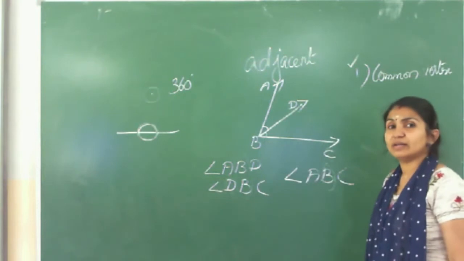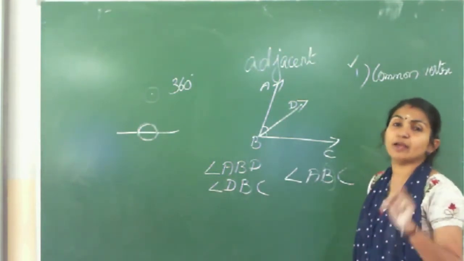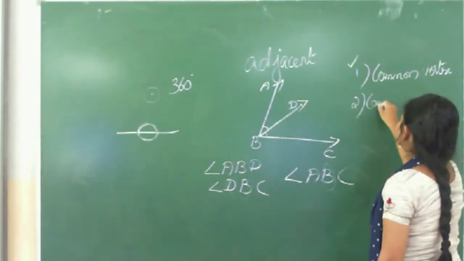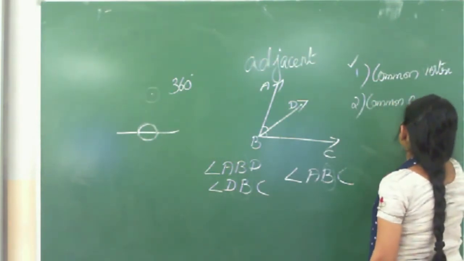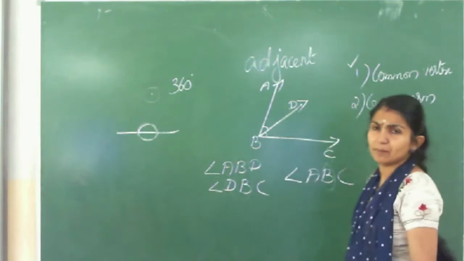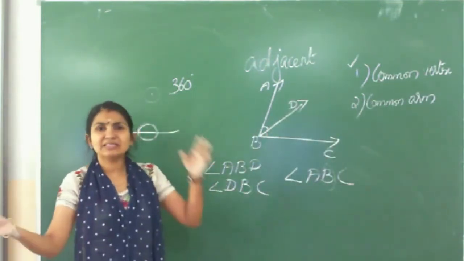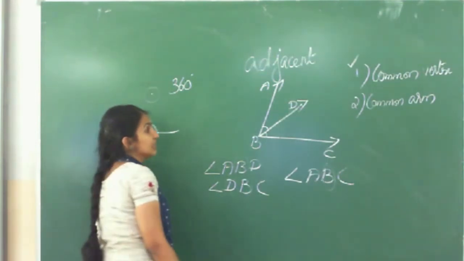Now the second one is they should have a common arm. What is meant by arm? Arm means the hands of this angle.